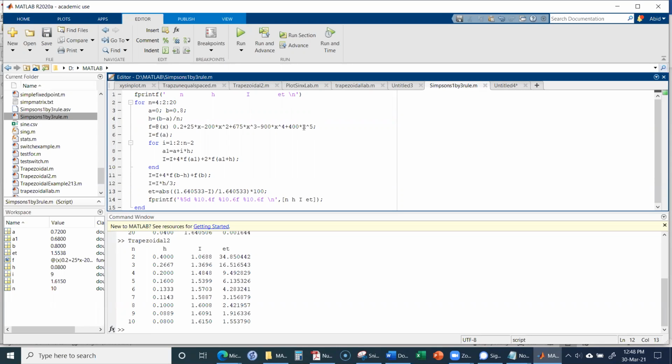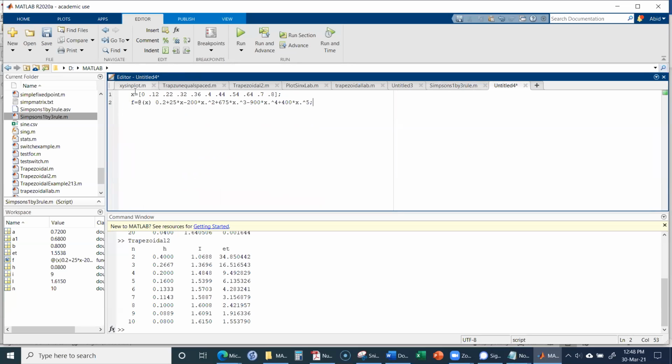Although I can use it, it is always safe to use dot power instead of just power. In this case it was not needed because we were using the x values as scalars, on an individual basis. But here we are using the x values as a matrix, so we need to take the x powers on an element by element basis. Therefore, for the power, we will use the dot hat operator everywhere.